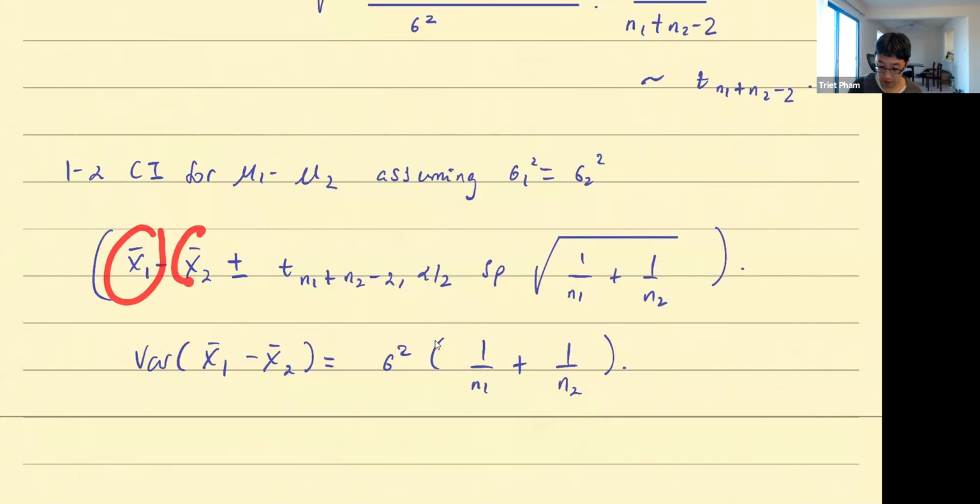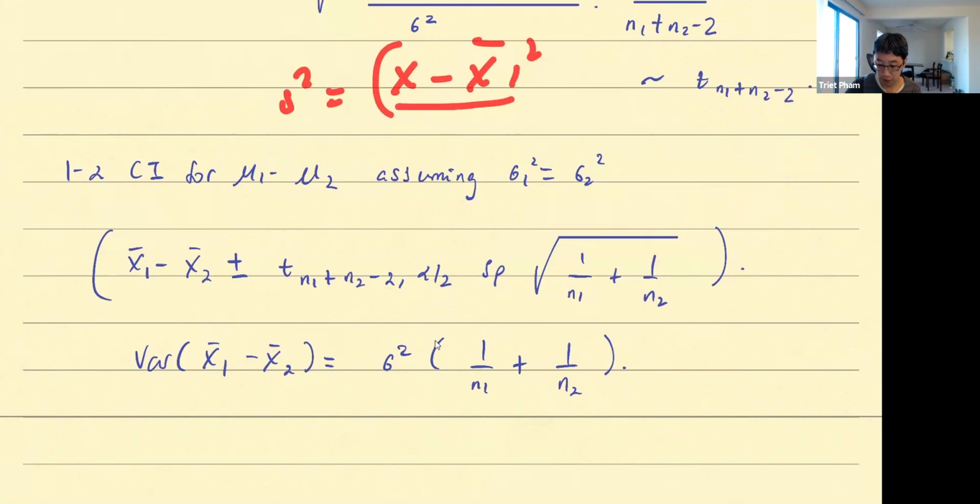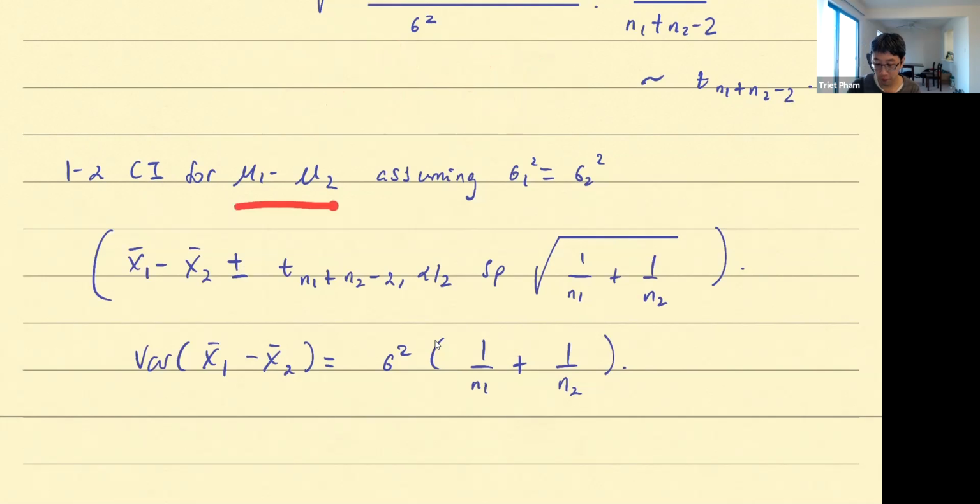Feet, right? What's the unit of SP square? Or what's the unit of S square? Remember the construction of S square, something like x minus x bar, squared, divided by something. So the unit of S square will be feet square. So when you have a confidence interval for feet, you cannot have feet square in it.